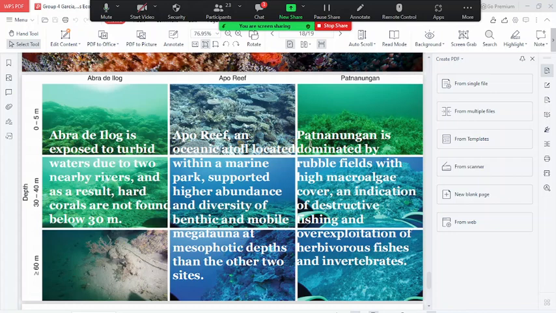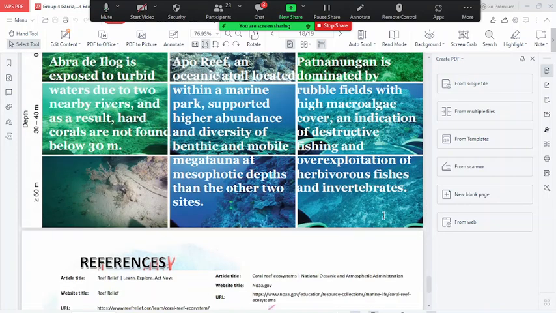And Patnanungan is dominated by rubble fields with high microalgae cover, an indication of destructive fishing and overexploitation of herbivorous species and invertebrates.